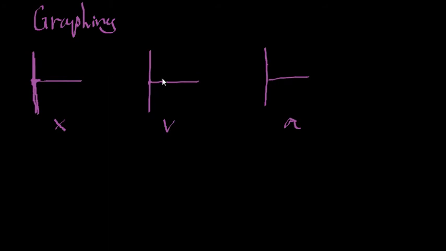Then we can figure out a, because v is decreasing at a constant rate. So a is a constant, and since it's decreasing, a has to be a negative constant. So a is something like this.